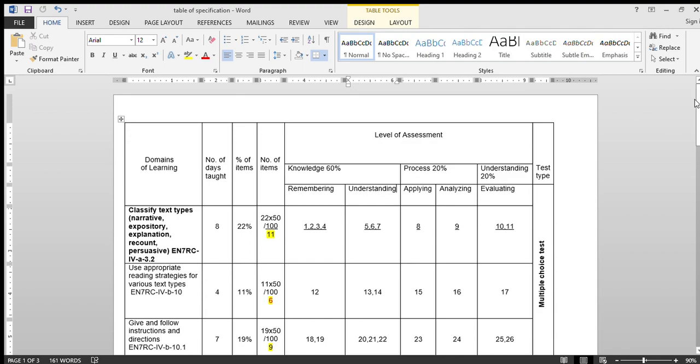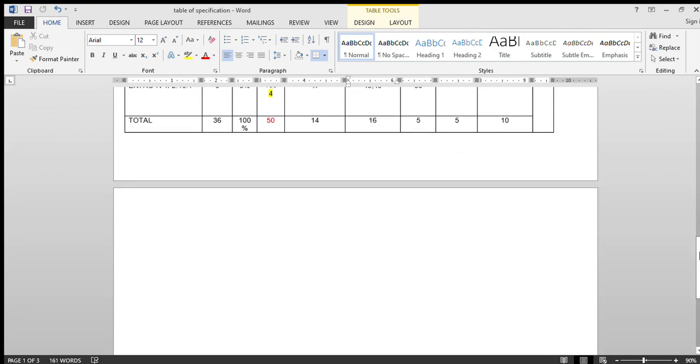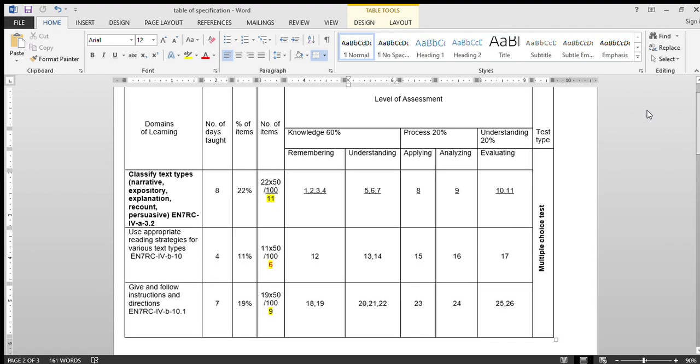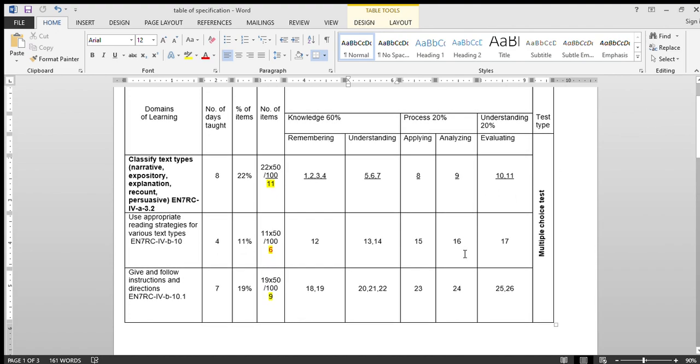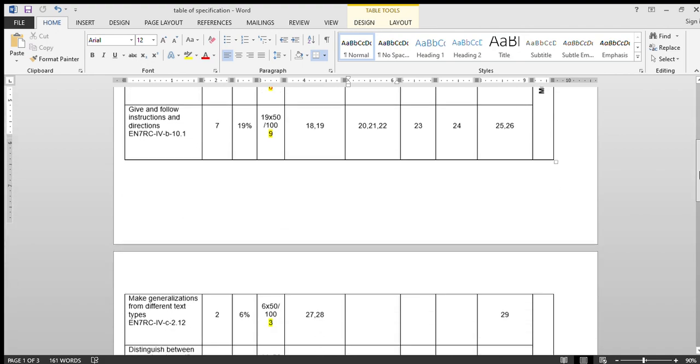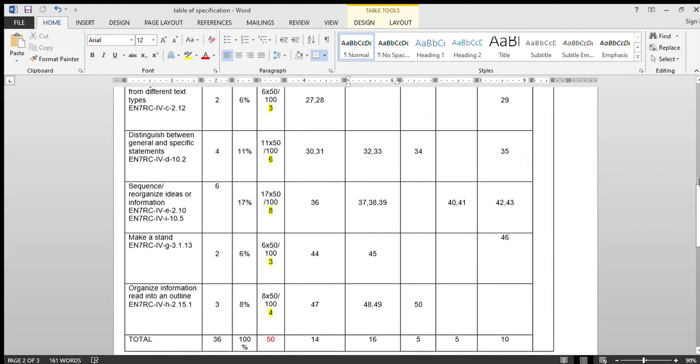For applying, we have a total of 5, and for analyzing, we have 1, 2, 3, 4, 5. So we have 5 questions for analyzing, and we have 10 evaluating questions, or questions where our students need to use their evaluating skills.